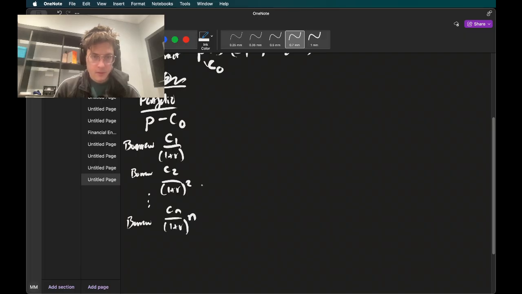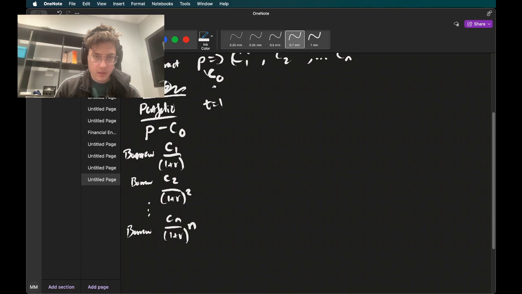Okay, so then at time equals 1, let's try to look at the cash flow. Since we borrowed, we have to pay back C1 here, taking into account the interest rate. And then our contract gives us C1.